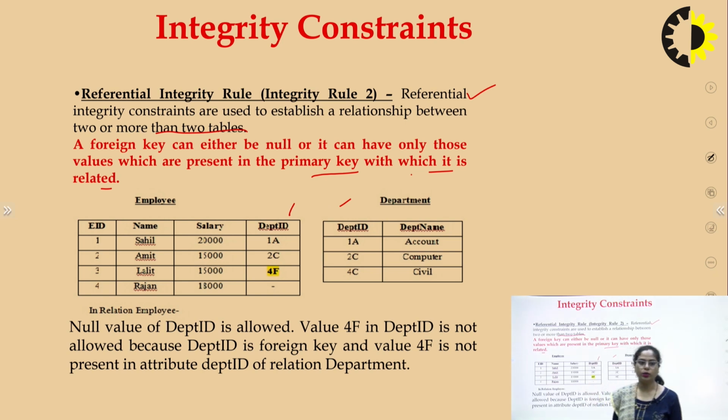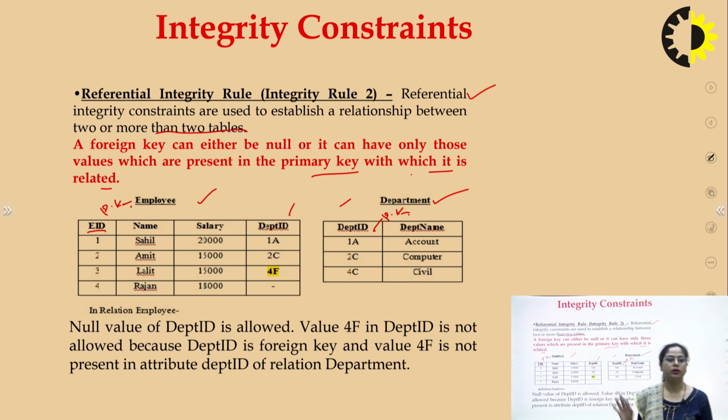Now we take two tables here. The first is the employee table and the second is the department table. The employee table has the attributes employee ID, name, salary, and department ID. The department table has the attributes department ID and department name. Here employee ID is the primary key of the employee table, and department ID is the primary key of the department table.